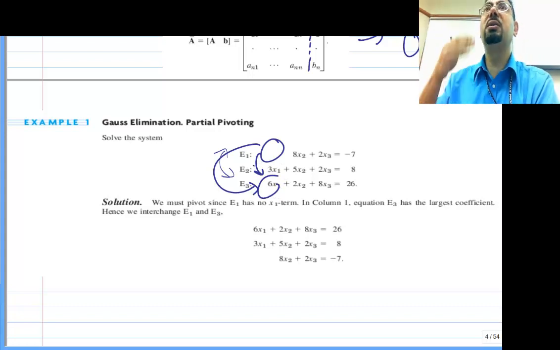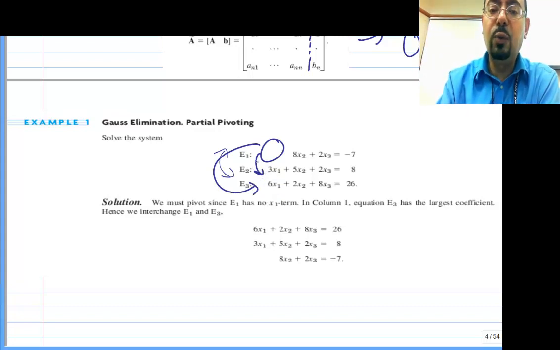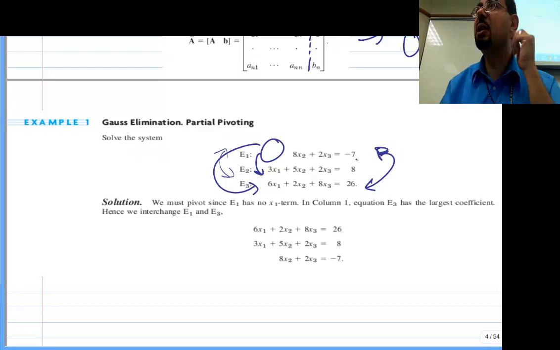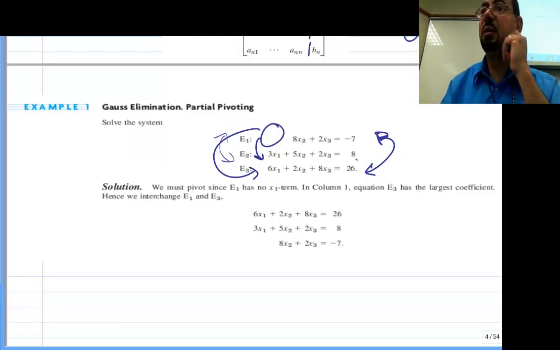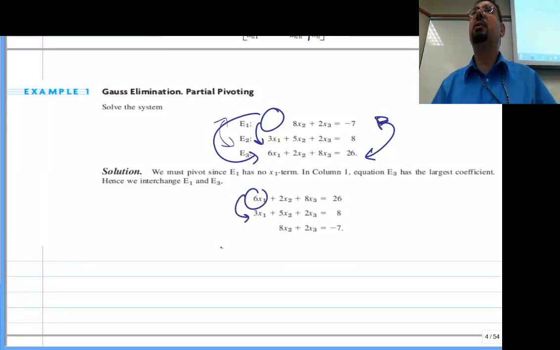Of course, if all of them are 0, that's something else. But you look for the biggest number and you exchange those rows. You'll see this in the computer program in a second. And once we arrange them, then it's perfect. We will use this to get 0 under it.